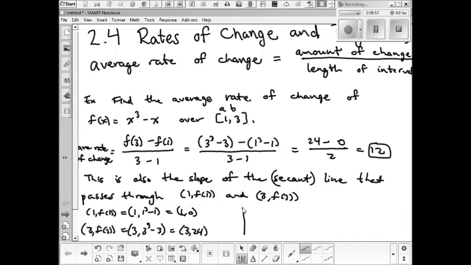Alright, so if you can picture this, there's a point right there, and we have over here a 3 way up here at 24. The curve connects these 2 points.